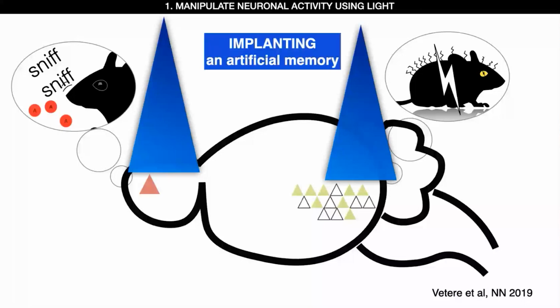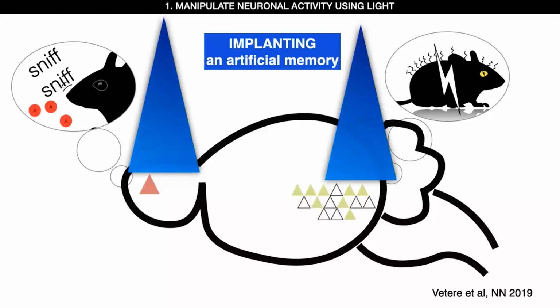And so we thought that just by activating specific areas of the brain, we can actually mimic an external experience. And in this case, the memory that we tried to, and actually succeeded in implanting, was an olfactory memory related to an aversive stimulus, so that after the formation of this artificial memory we can test, just by placing the animal in front of the real odor, if the animal was scared of it.